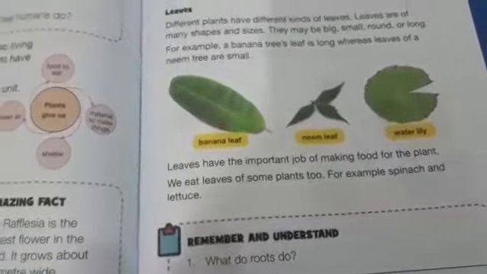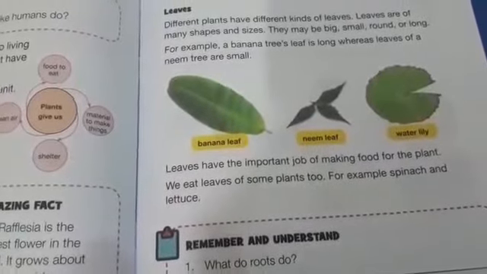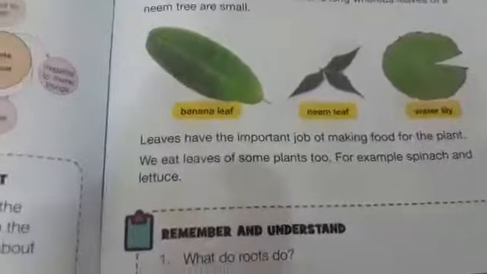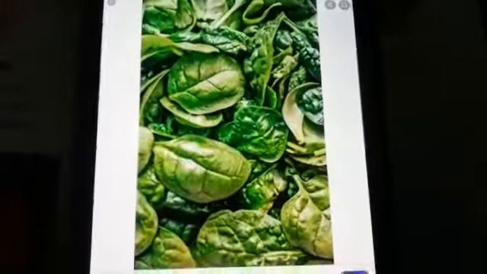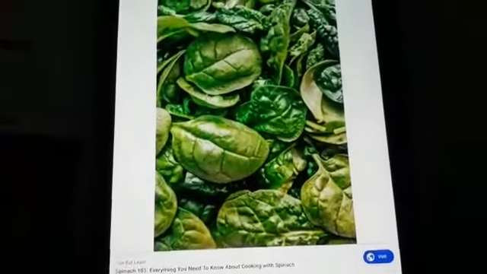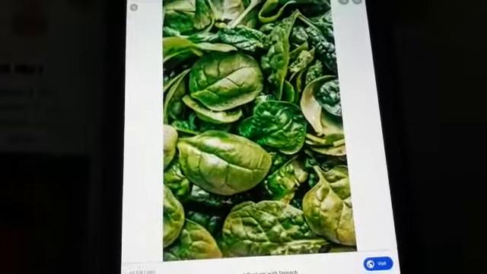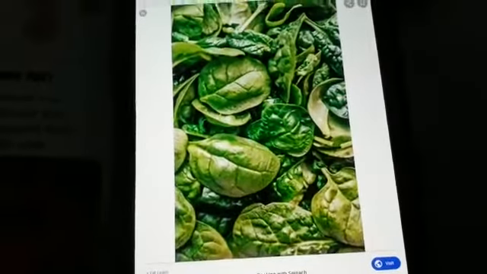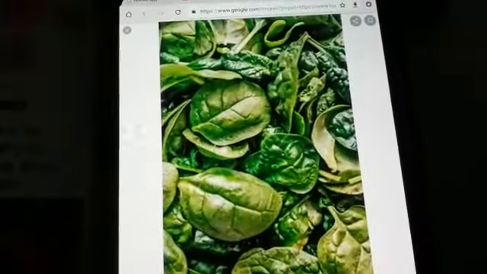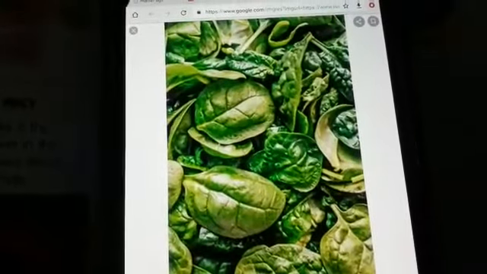Okay. We eat leaves of some plants too. For example, spinach and lettuce. There is no picture in the book, but I have one over here. You can see the spinach leaf, and we cook these leaves properly and then we eat them. It's very delicious. Clear? These are the spinach leaves.